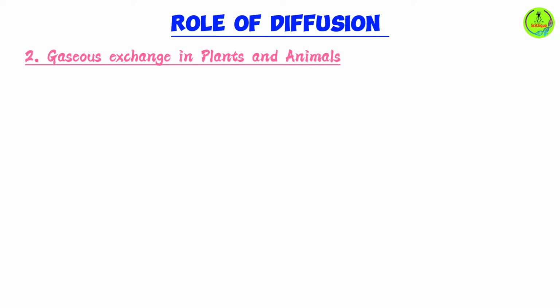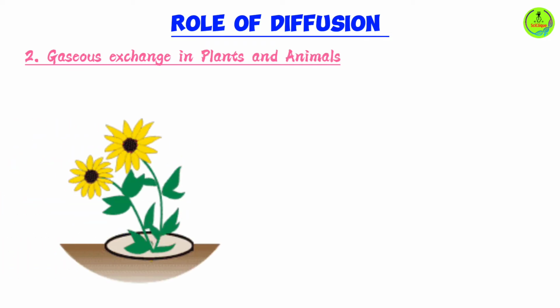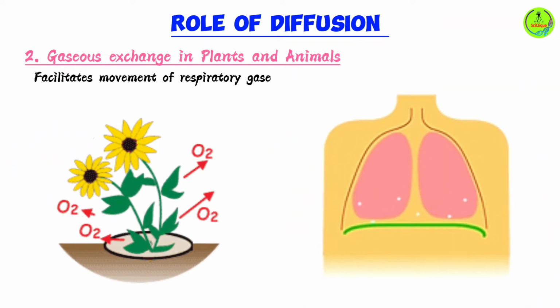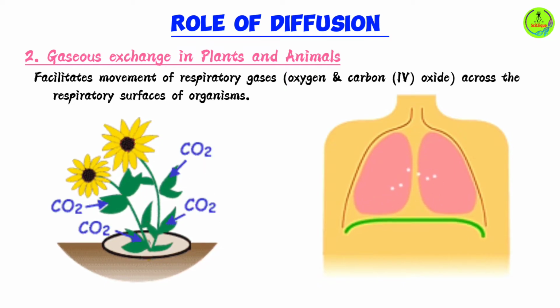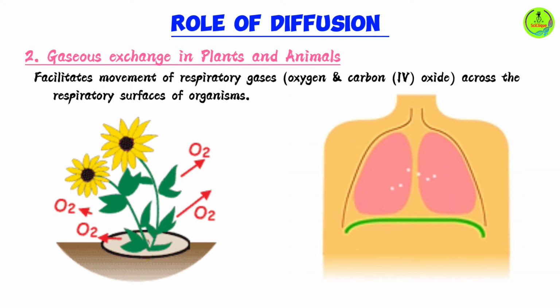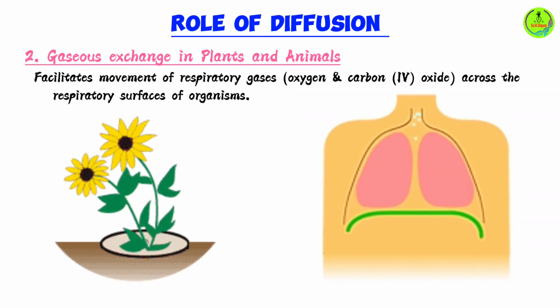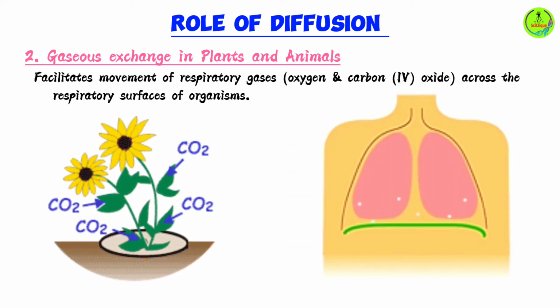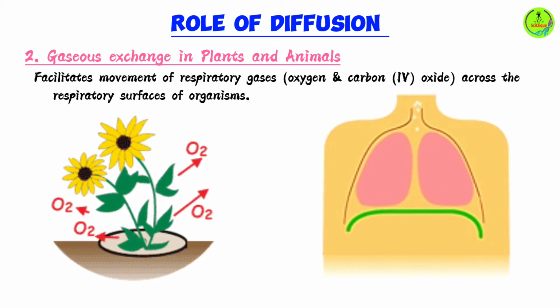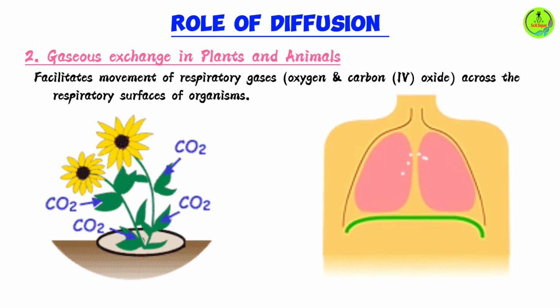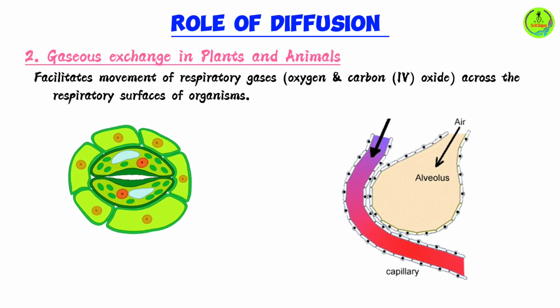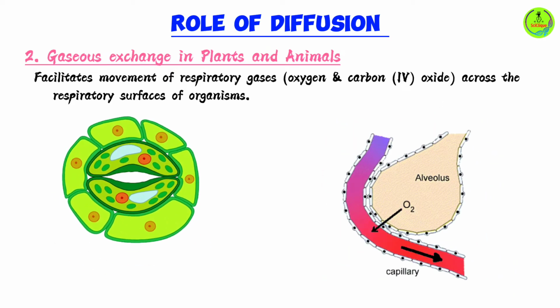Point number two is that it facilitates gaseous exchange in both plants and animals. When we talk about gaseous exchange, this is the process whereby respiratory gases pass across respiratory surfaces. Let's break that down. What are the respiratory gases? This refers to oxygen and carbon dioxide. Respiratory surfaces are the specific parts of an organism where gaseous exchange takes place.